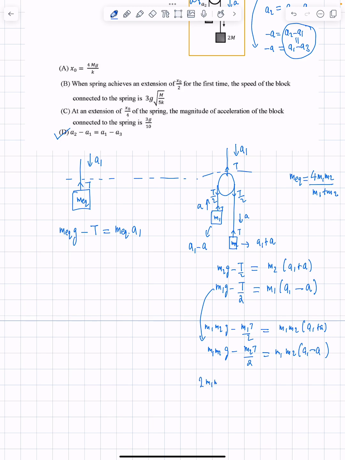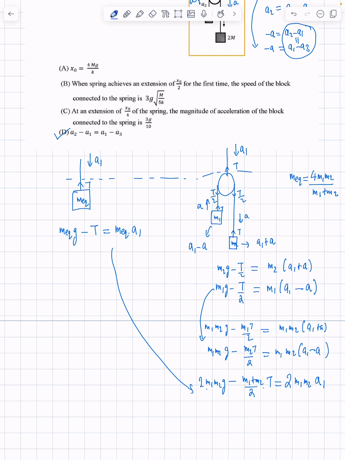We'll get 2m1m2g minus (m1 plus m2) over 2 times T equals 2m1m2 a1. Then I'm trying to write this equation in this form, so I want to have only T terms.